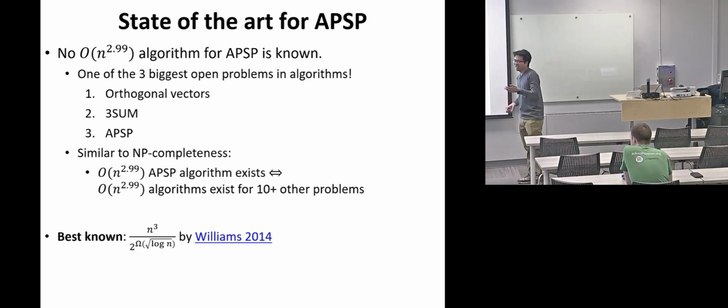Now, APSP plays a similar role, but in the polynomial time regime, where we can prove that if there exists a better than n cubed running time for APSP, then not 1,000 but more than 10 other problems simultaneously get faster than n cubed running time too. So this is a central problem among the polynomial time problems.